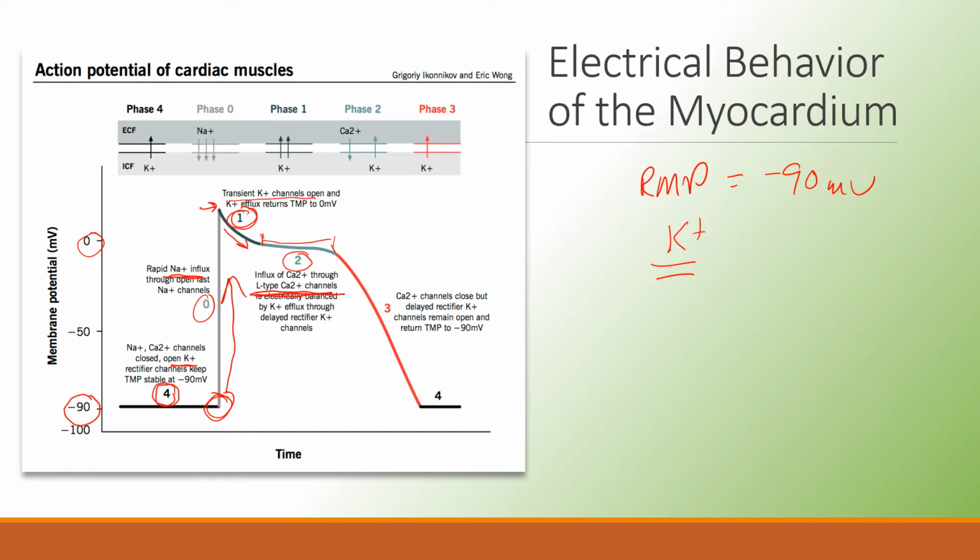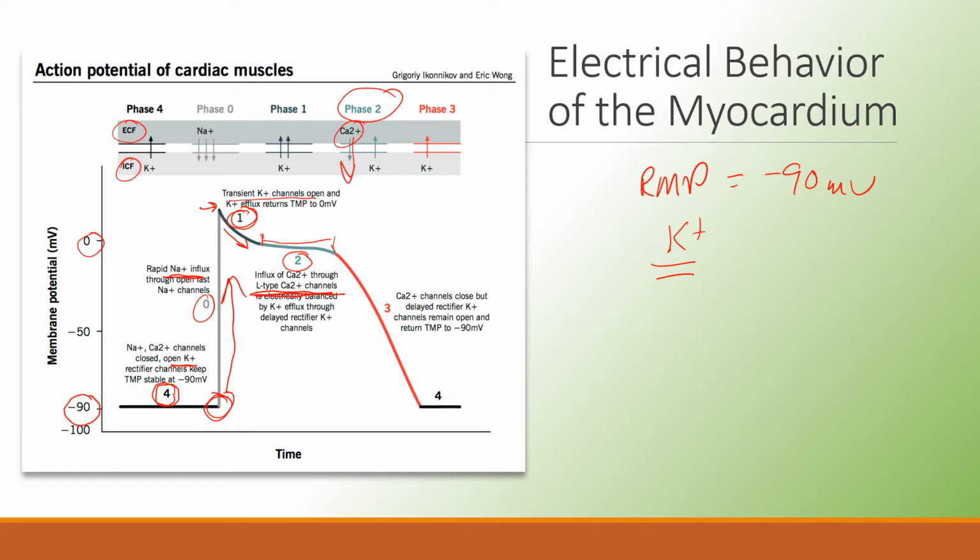So what I have now is potassium leaving the cardiac myocyte, effluxing, and I have an influx of calcium. And since they're effectively in equal amounts at an equal rate, they kind of cancel each other out. I have positive ions coming in and positive ions leaving. They cancel each other out and create what we call a plateau effect. Okay, you can see that up here. Here's phase 2, and this is the ECF, ICF.